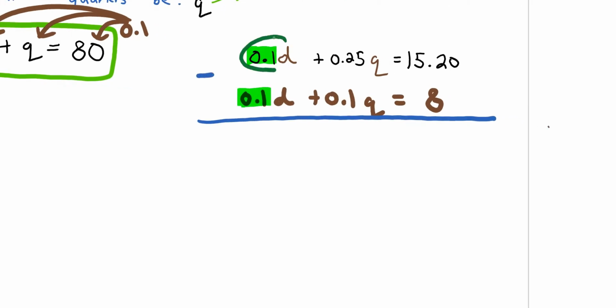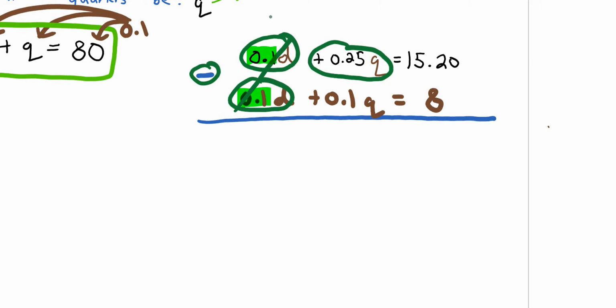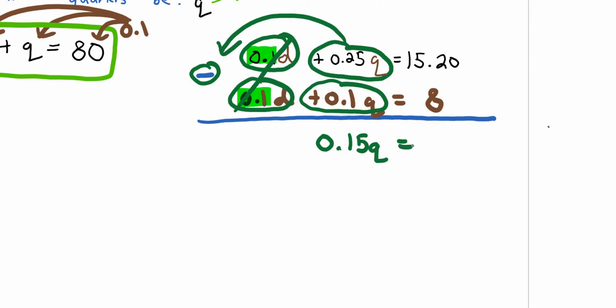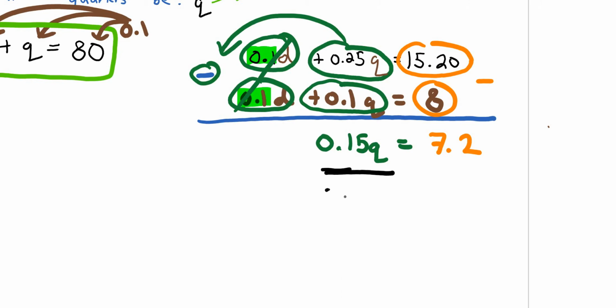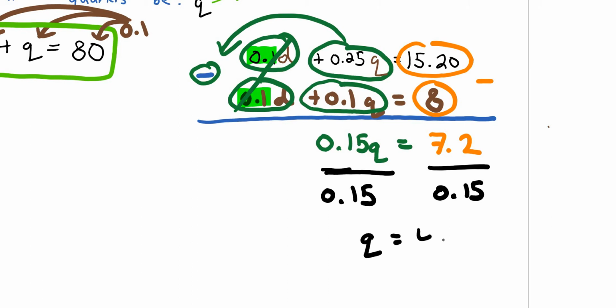If I take 0.1D minus 0.1D, the D's cancel. 0.25Q minus 0.1Q, that's 25 cents minus 10 cents, gives me 0.15Q. Then 15.20 minus 8 gives me $7.20 on the right-hand side. Dividing both sides by 0.15, Q equals, with my calculator, 48 quarters. So I have 48 quarters for that particular problem.